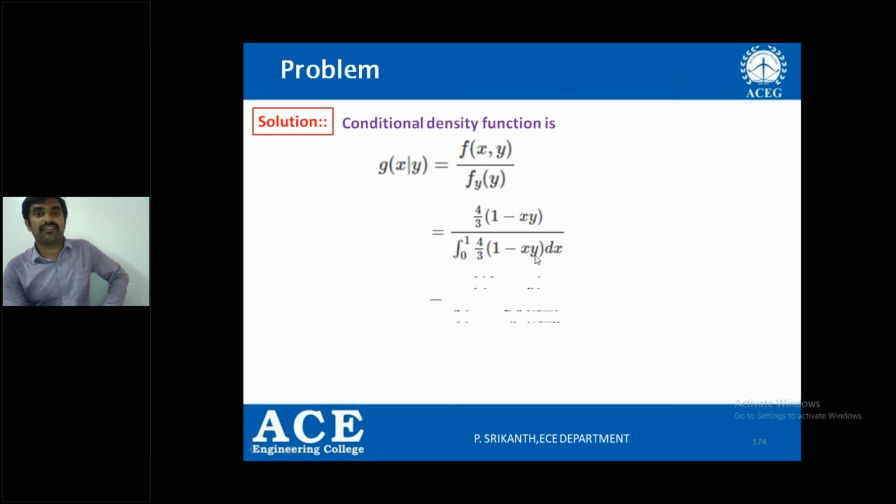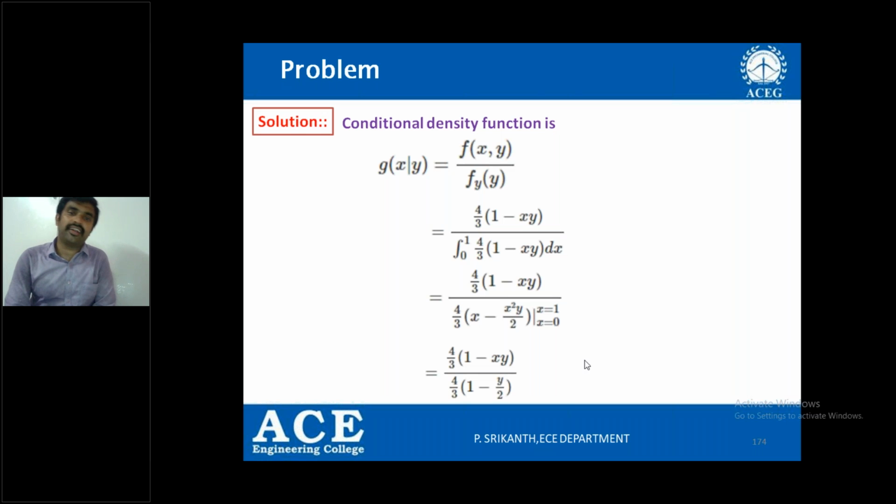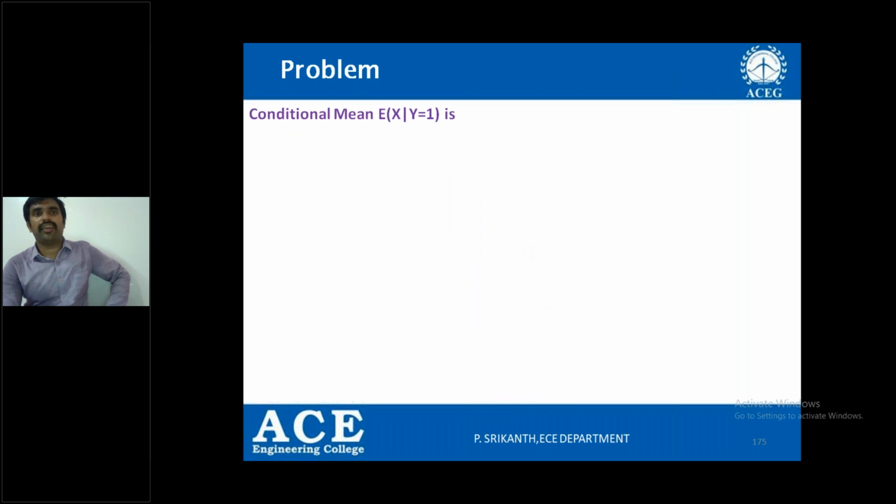That is the formula for the marginal density function, right? Here I'm just finding the integration and substituting the limits. Finally, I got the conditional density function as 4 by 3 into 1 minus xy by 4 by 3 into 1 minus y by 2. And 4 by 3 gets cancelled, and the resultant will be 1 minus xy by 1 minus y by 2, right? So now let us find the mean value.